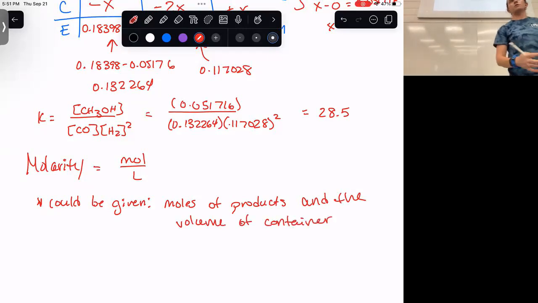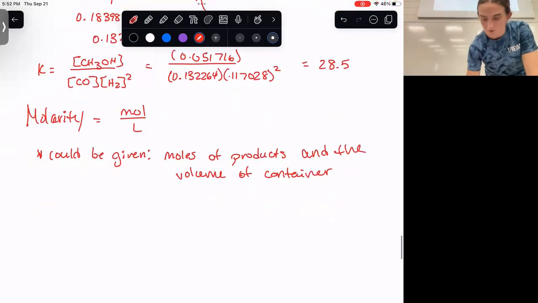Here that's a little bit straightforward. If you have 1 mole in 2 liters, then your molarity is going to be 0.5 because it's moles over liters. What else can we do with moles though? What can we change that into? Grams.